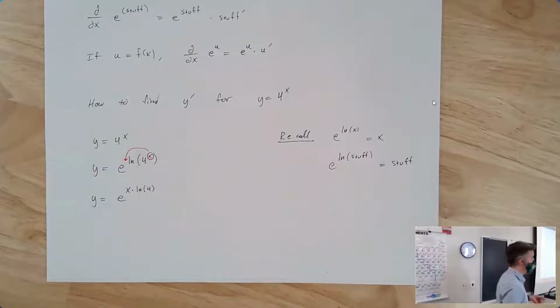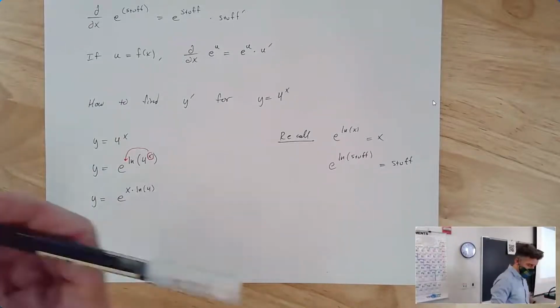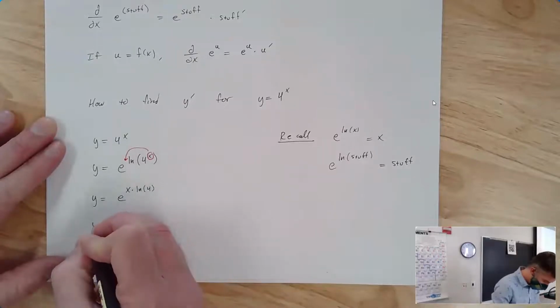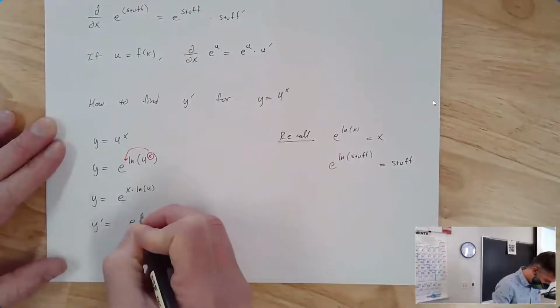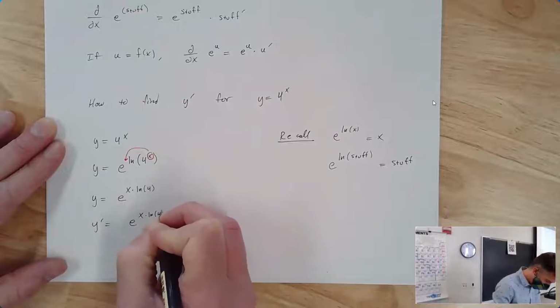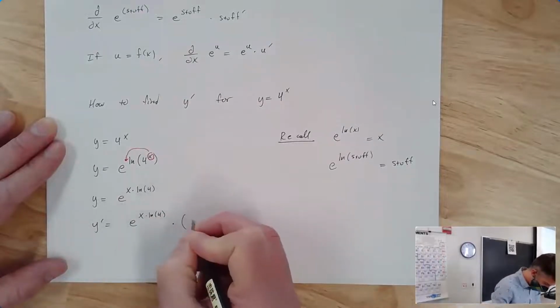But now we know how to take the derivative of e to the stuff. The derivative of e to the stuff is just going to be e to the stuff times the derivative of the stuff.